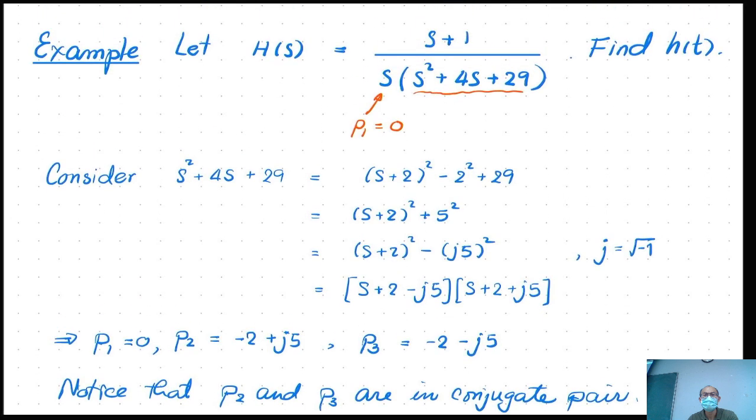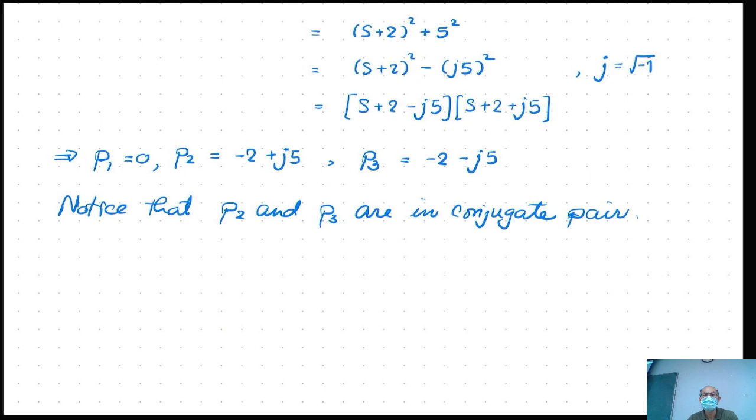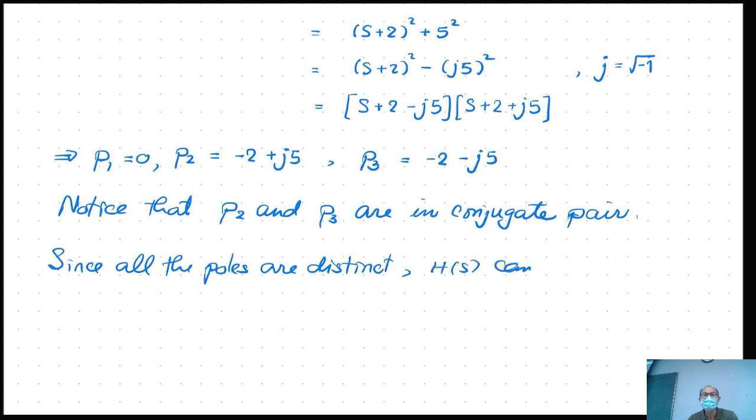Now, to find the inverse Laplace transform of this, since all the poles are distinct, the function H(s) can be decomposed into, look at case 1. We are applying case 1 here because case 1 applies to the case where all the poles are distinct.